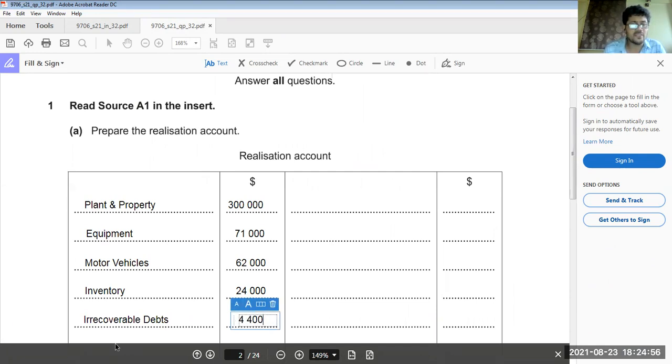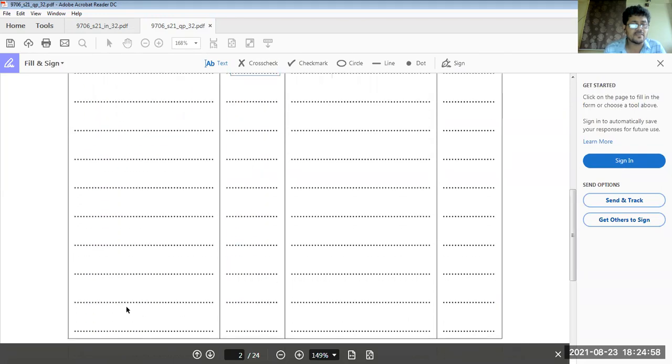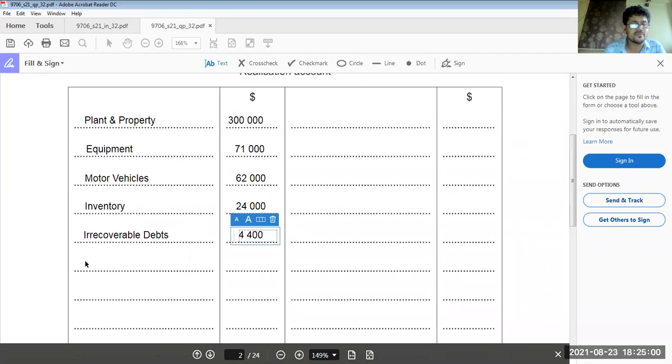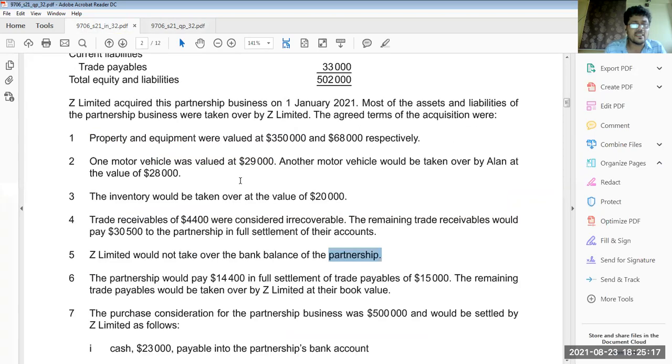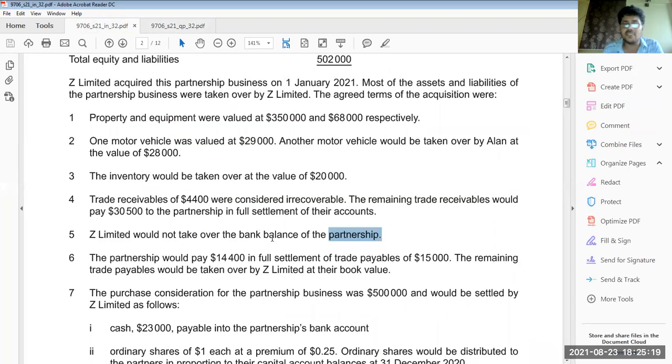And we have to include discount over here. Discount allowed is 1,100. Done. Now, see, all the assets are there. Okay. Because they are paying to the partnership, so it's not going to include in realization account.